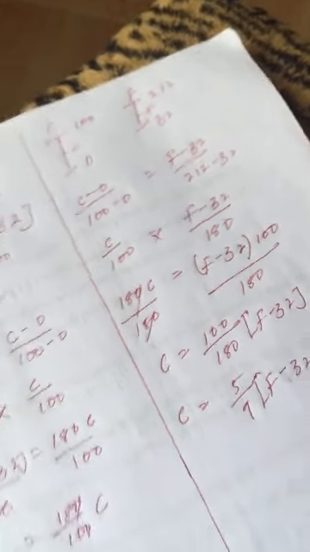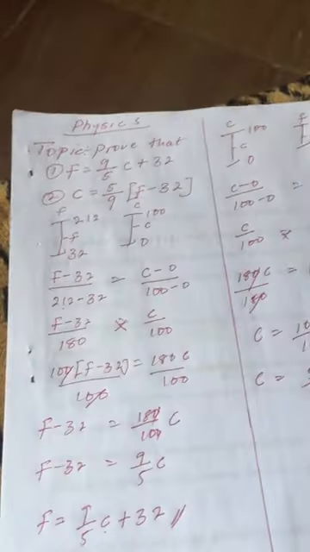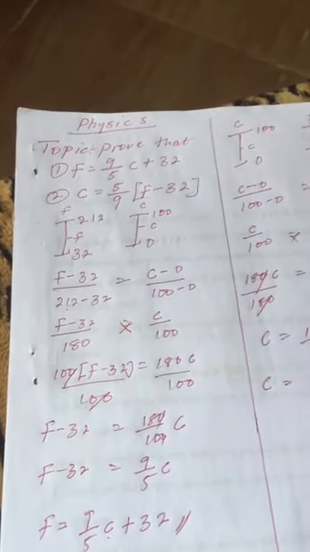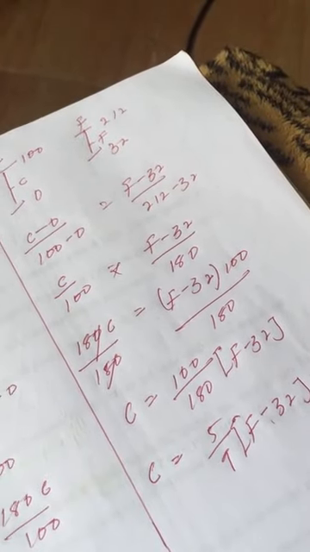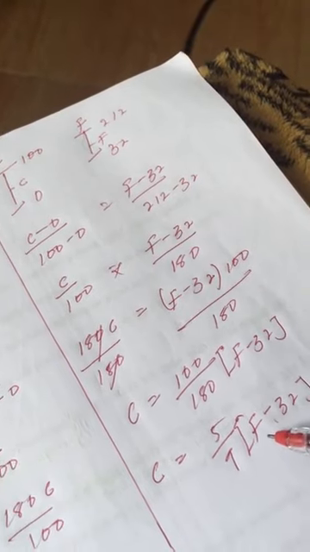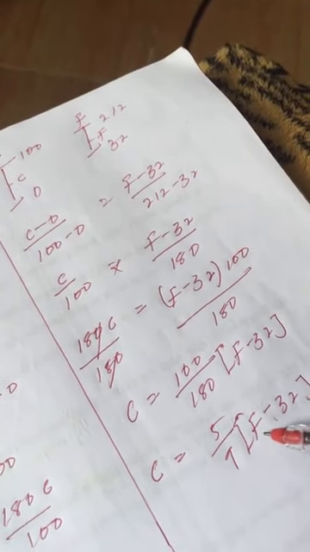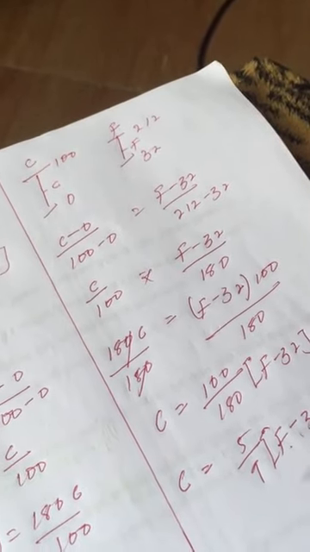So this is how we convert from one temperature scale to another, and we can also reverse it if the case. If you understand how we got this derivation, please note that when a question is given to you that has to do with a Celsius scale and you have to convert to Fahrenheit scale, this is the formula to apply.